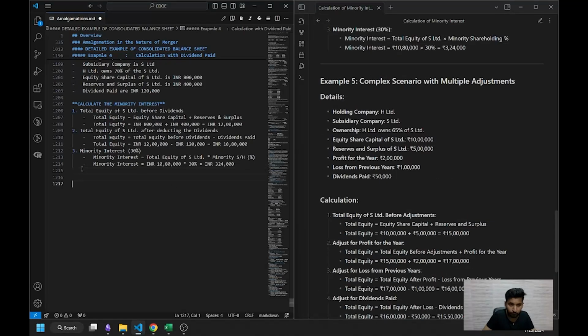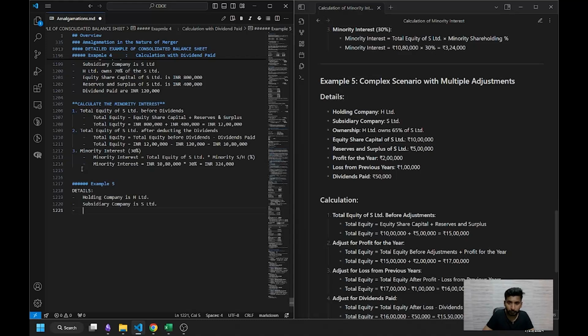In the last scenario, that is the last example for this video, is example number 5. And here the details are as follows. Holding company is H Limited. Subsidiary company is S Limited. H owns 65% of S Limited.